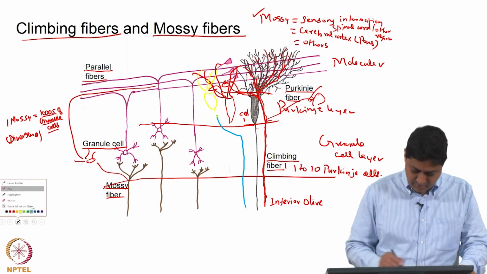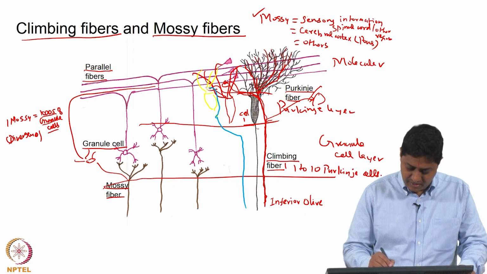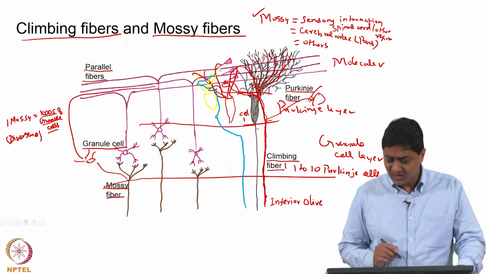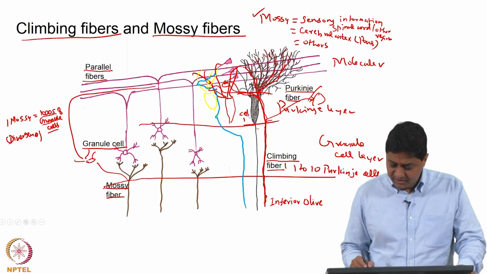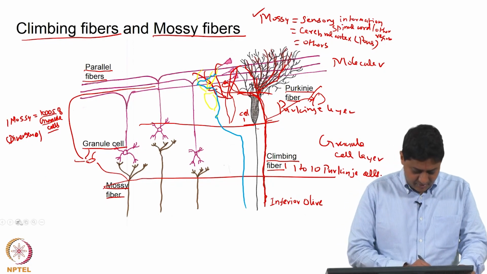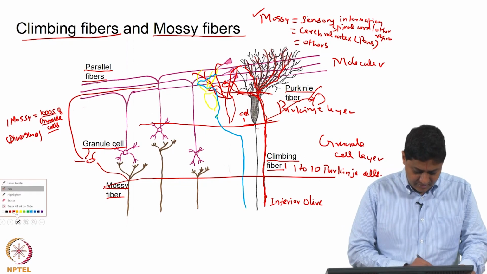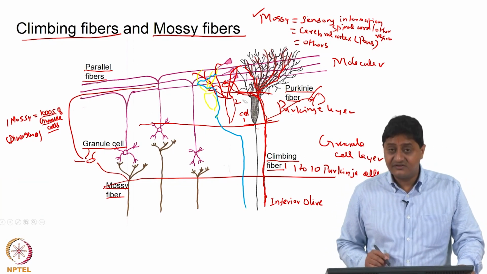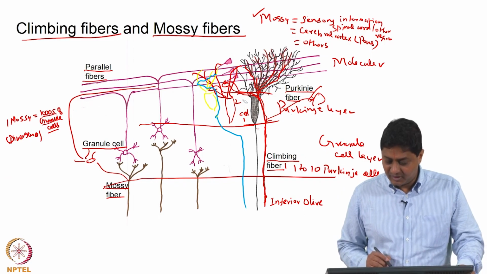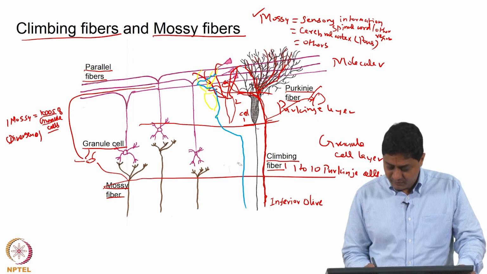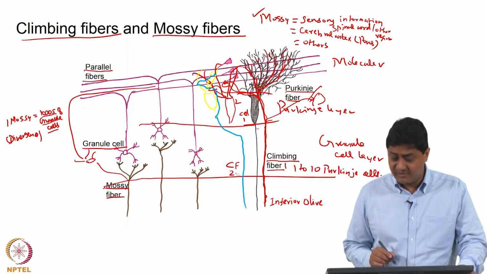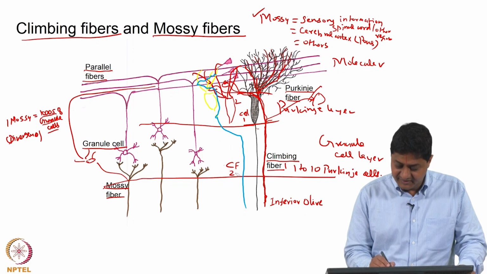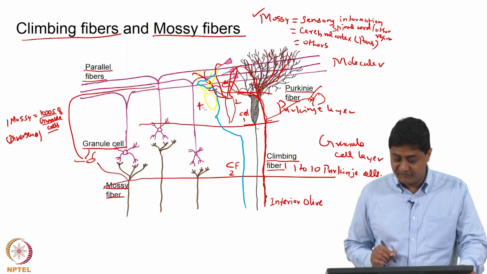So, that climbing fiber continues and innervates these. So, cell 1 is going to receive input from, say for example, climbing fiber 1, and say this is cell 2 that is also receiving input from climbing fiber 1, whereas the climbing fiber shown in blue is climbing fiber 2 that is innervating cell 3 or 4. So, I am going to call this cell 4, that is innervating cell 4.